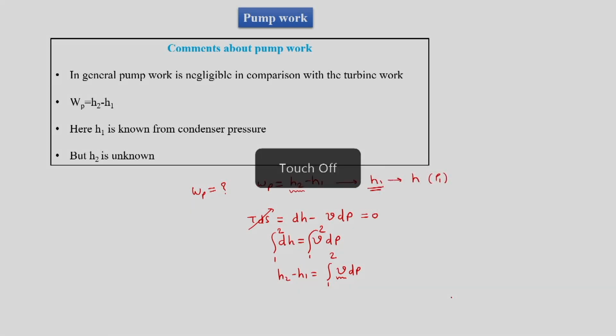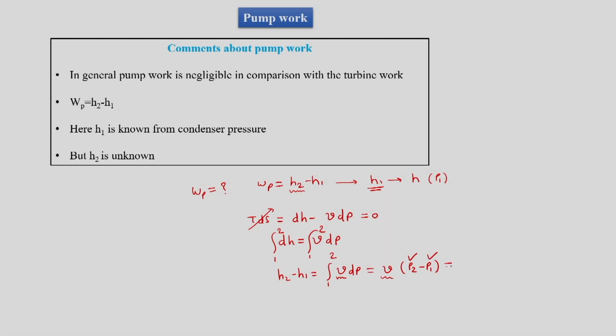So we will have this v into P2 minus P1, and as we discussed in the earlier slide, we know the boiler pressure, we know the condenser pressure, and if we know v, then we are done and we can find out Wp.